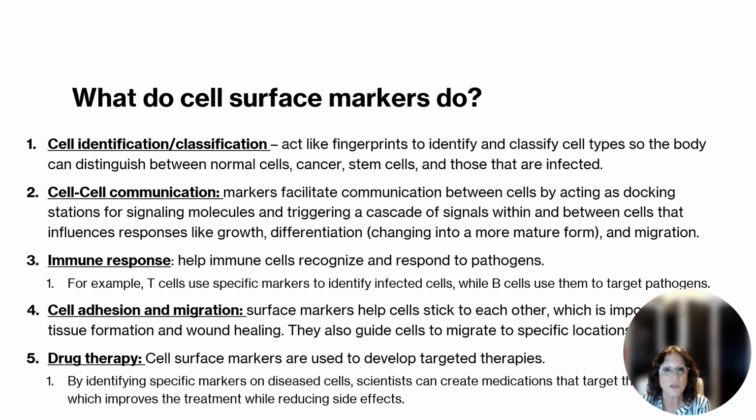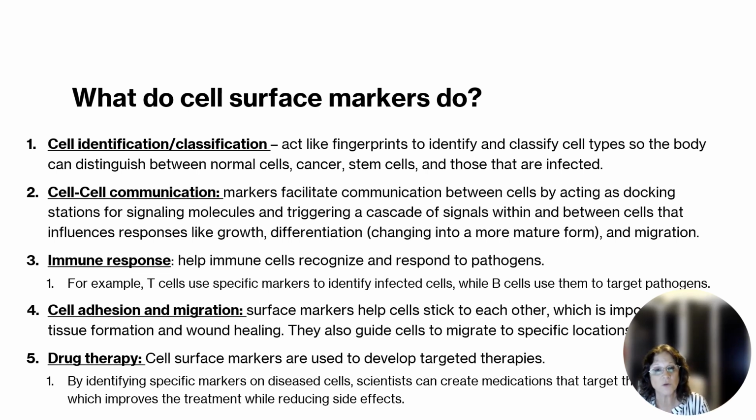Cell surface markers also are involved in cell-to-cell communication. These markers facilitate communication between the cells because they act as kind of a docking station for these little signaling molecules, and once the signaling molecule docks, then it can trigger a cascade of signals inside of the cell and between cells.